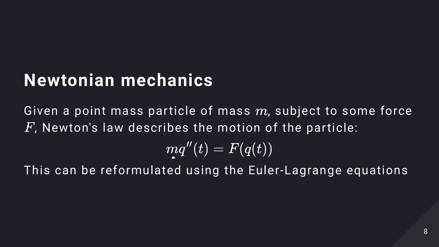So F equals ma. Here q, I'm assuming, is the position of my particle, then q prime is the speed or velocity, and q prime prime is the acceleration. And we see that we can reformulate all this using the Euler-Lagrange equations, and that it's actually usually very beneficial because we can do a lot more than just Newtonian mechanics.